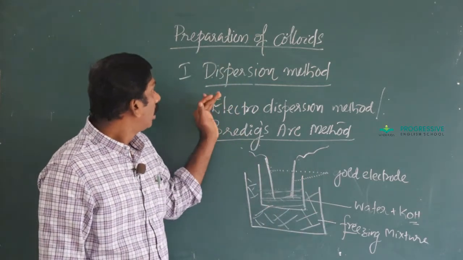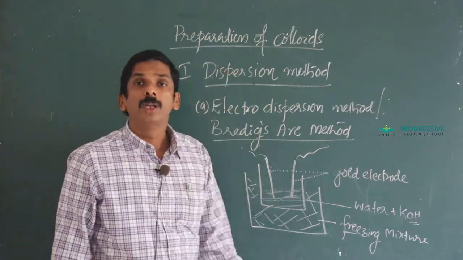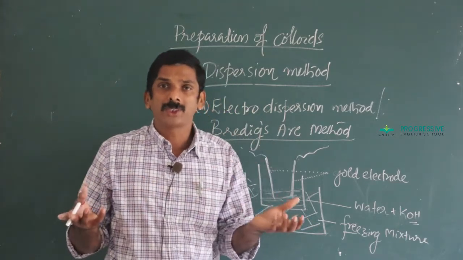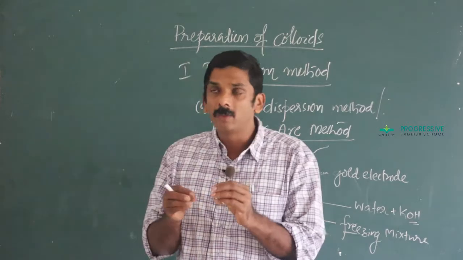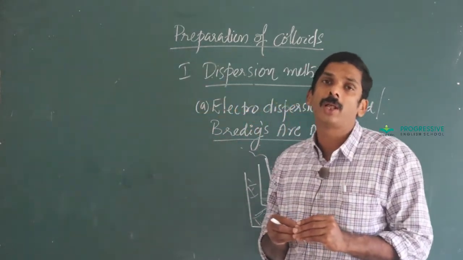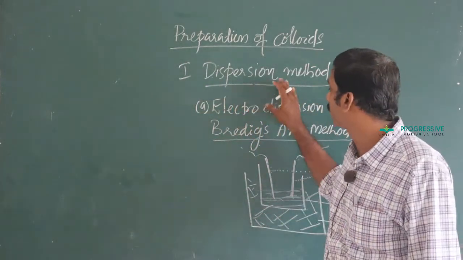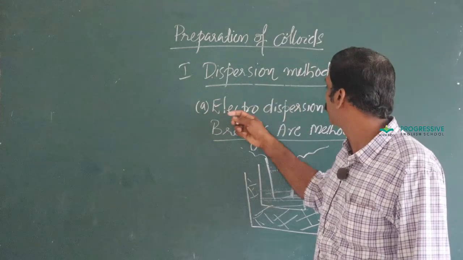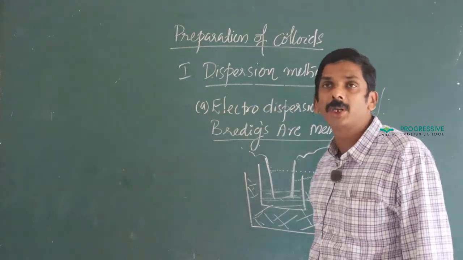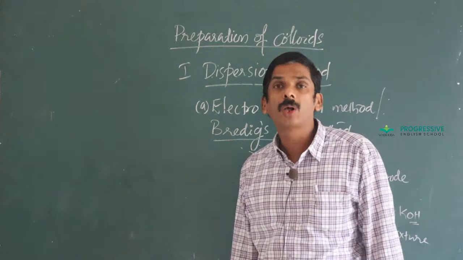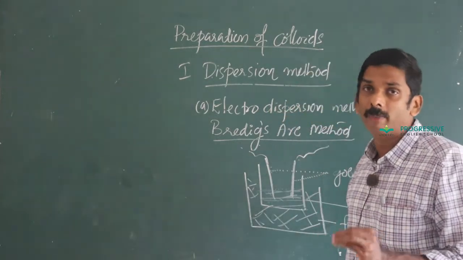Clear? Once more. In the dispersion method, the lumps of the substance, huge blocks, are converted to particles of colloidal dimension. The first one belongs to the electrodispersion method or Bredig's arc method.